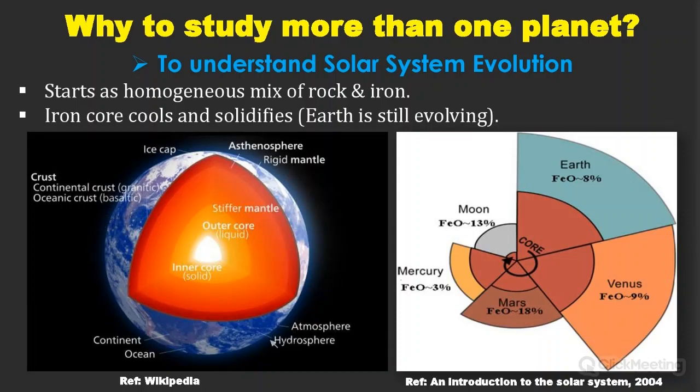Because we have access to our own planet, even after that we rely on orbiter missions. Some of the global information we could get was through orbiter missions. So it's very important to do comparative planetology to understand the overall solar system evolution, and the reason why each planet has evolved in a different way.